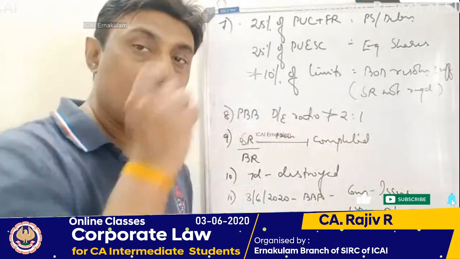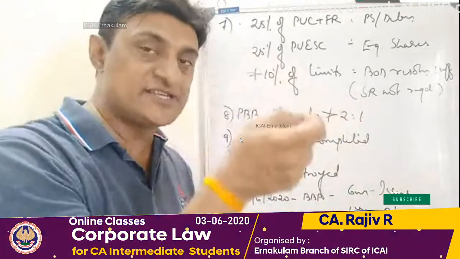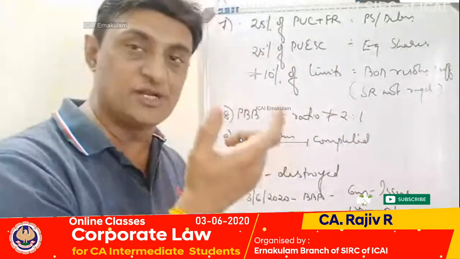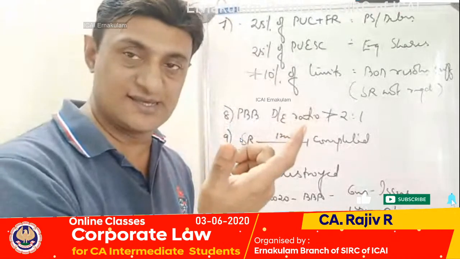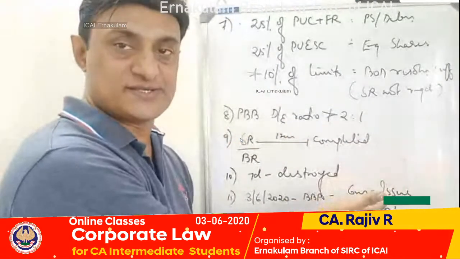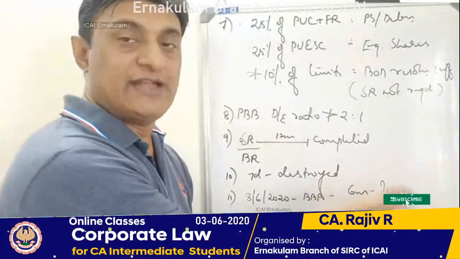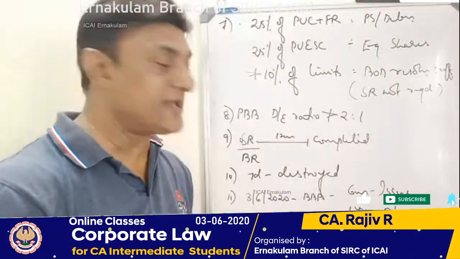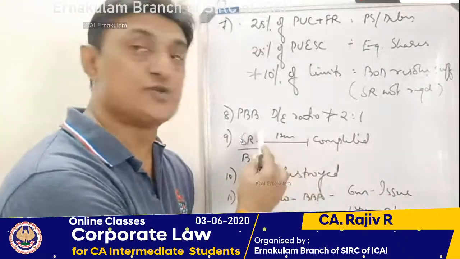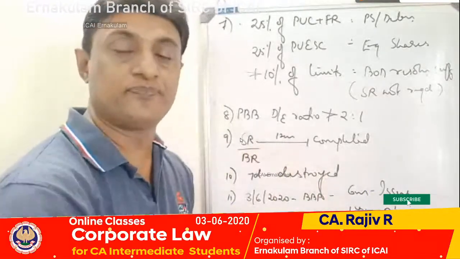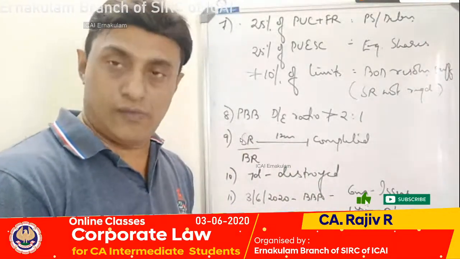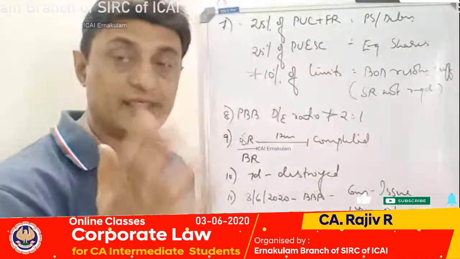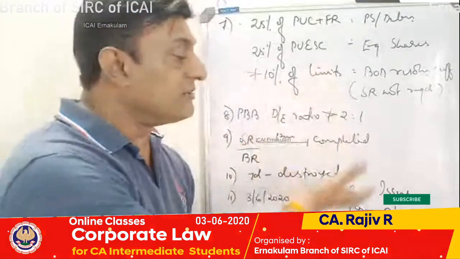The company should not issue fresh securities of that class by way of a further public offer or initial public offer or whatever it is for a period of 6 months. And if it's another buyback, you have to wait for 1 year. Here I say 1 year, but there I say 12 months, effectively the same. So for 1 year, you can't effect another buyback. Technically, company secretaries have a terminology for this time.